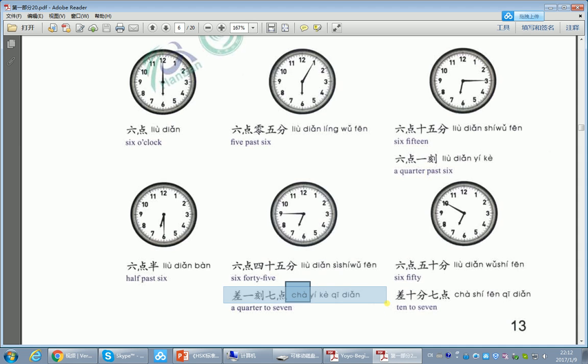If we read it in this way, first we should say 差, then the minute, then the hour. But in this way, we should first say the hour, then the minute. 10 to 7, 差10分7点.